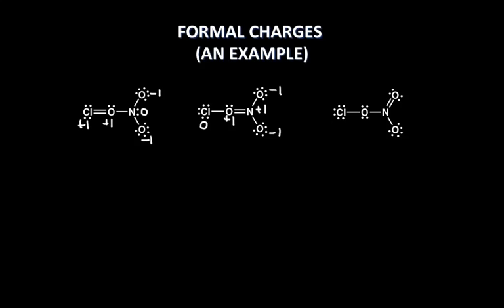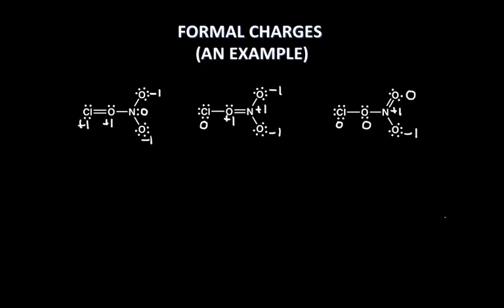And now let's look at this Lewis structure. The chlorine has a formal charge of 0. This oxygen has a formal charge of 0. Nitrogen has a formal charge of plus 1. The top oxygen has a formal charge of 0, and the lower oxygen has a formal charge of minus 1.